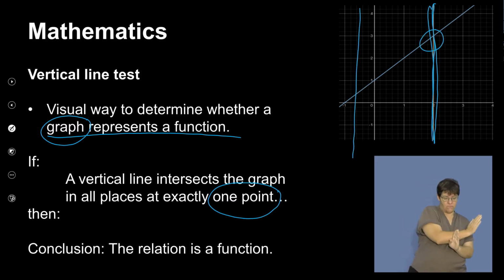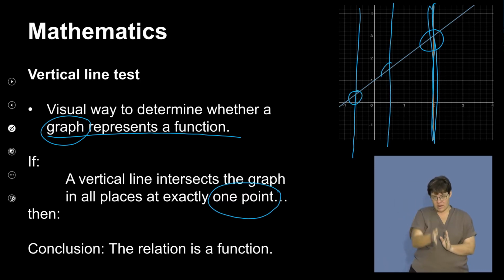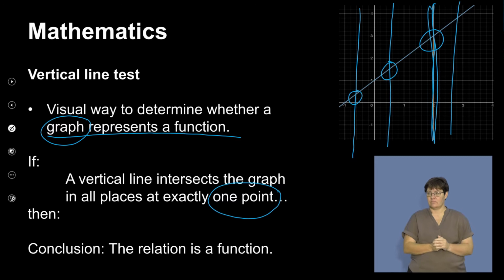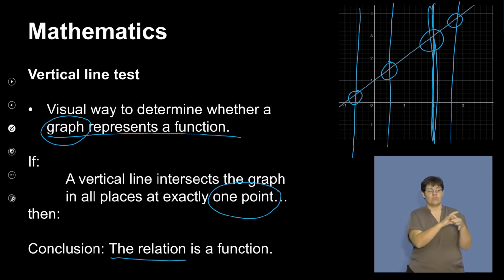If I move it there, it will be only at that point. Every time you can shift it to the right, you can shift it to the left, it will only intersect the graph at 1 point. Then my conclusion will be the relation is called a function.